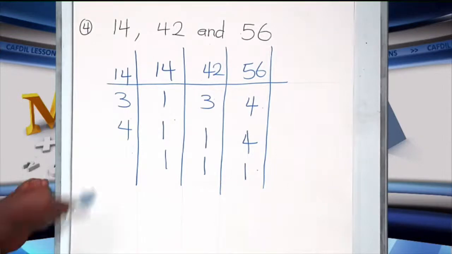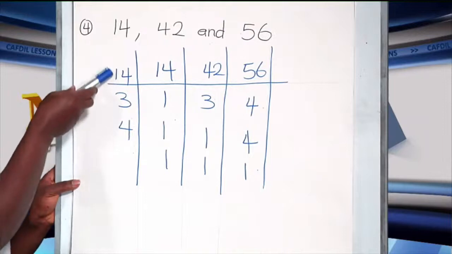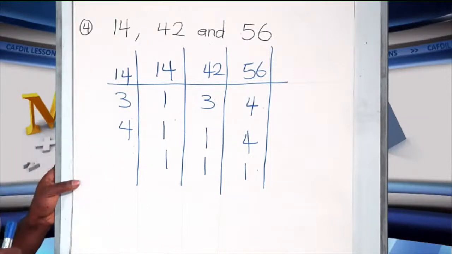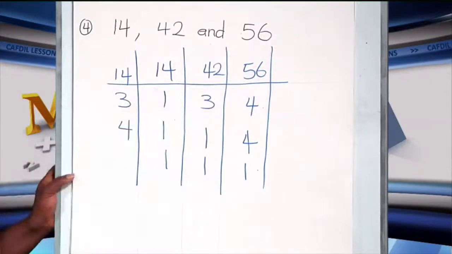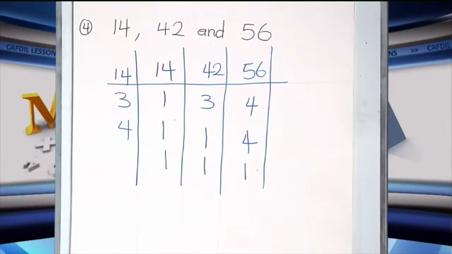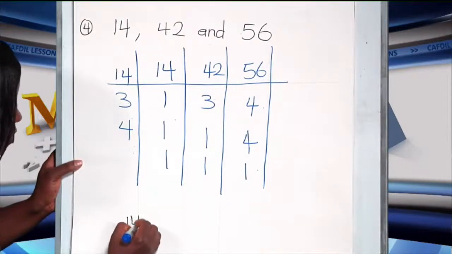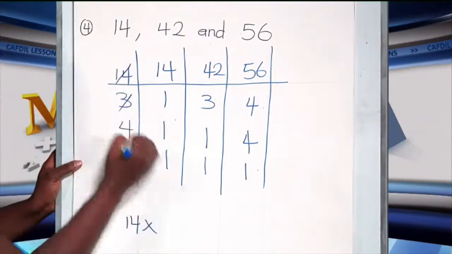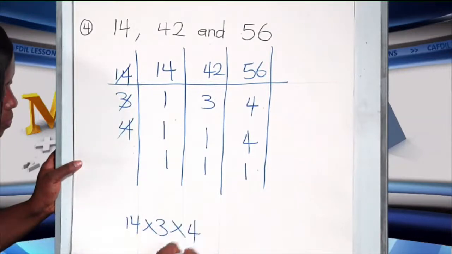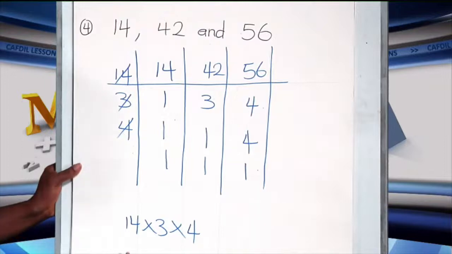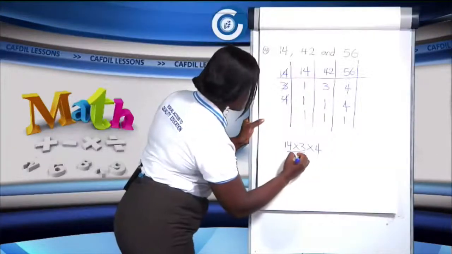Now the product of these numbers outside the table becomes the LCM of 14, 42, and then 56. So let's multiply them. We have 14 times 3 times 4. 14 times 3 will give us 42.